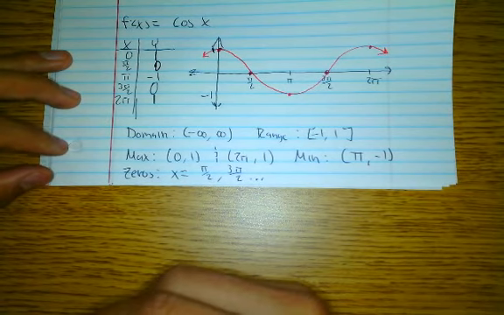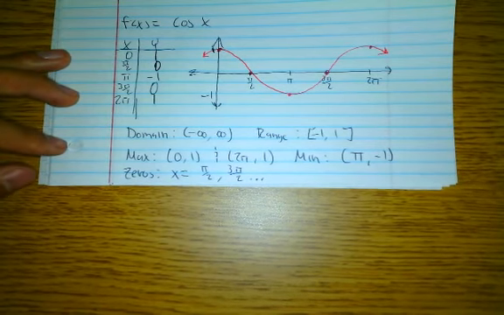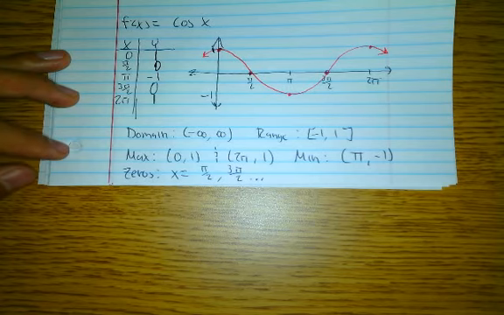What do you guys think? This one's a little tougher to see. 5 pi over 2? Good. And then I'll tell you that the one after that is 7 pi over 2. And then the one after that is going to be 9 pi over 2. 11 pi over 2. 13 pi over 2.